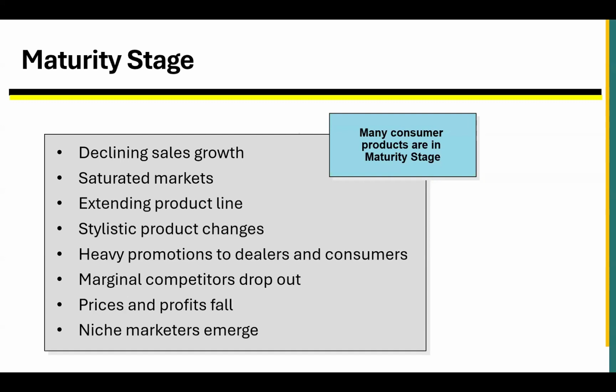Any product or any action has a diminishing return, right? The more you spend in a certain stage, you will get more. But if you spend continuously the same amount, your return would come down.